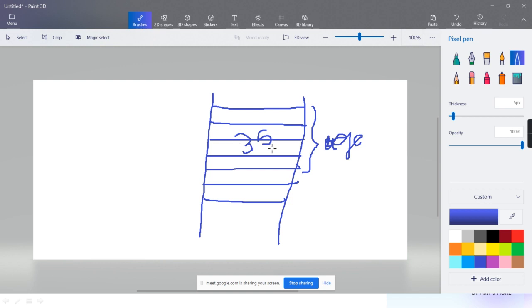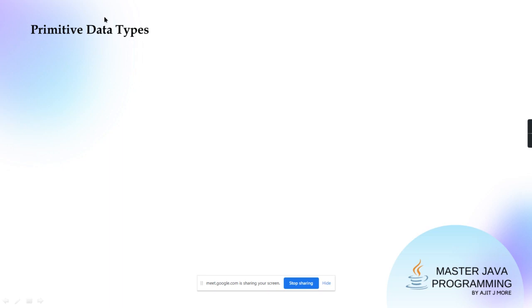So it can be a whole number, a floating number, anything, or a sequence of characters. It depends on the data type. In simple terms, data type means the type of value stored in a memory location or kept in a variable.